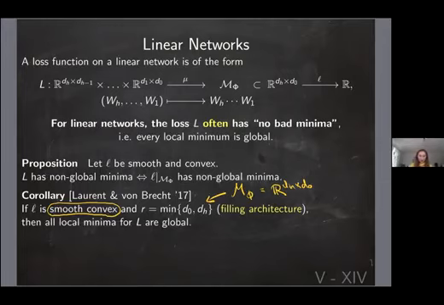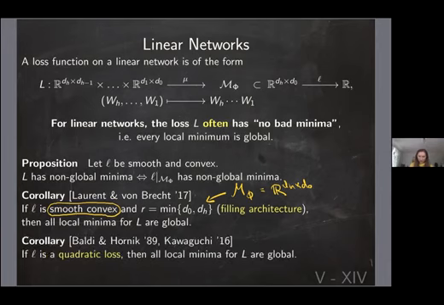It's also a result due to Baldi and Hornig from '89, and then reproven by Kawaguchi in '16, that if I am working with a quadratic loss, then it is also true that there are no bad minima. This is not as immediate, but I want to tell you how you see this as a corollary from the proposition above.